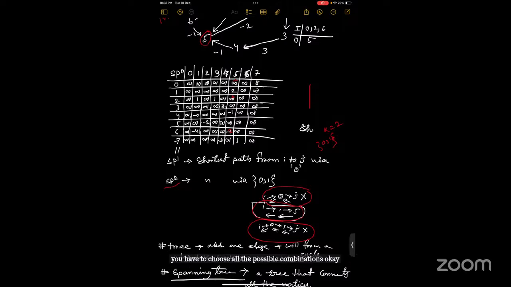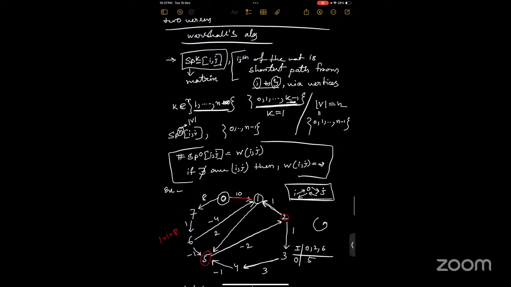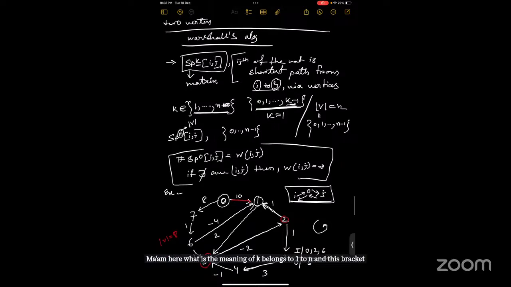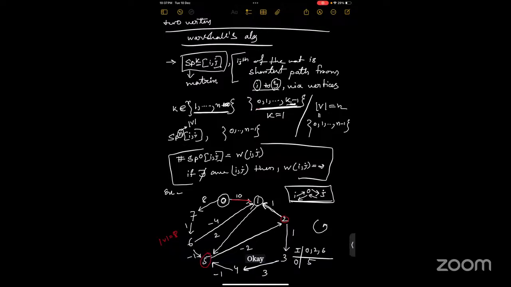Yes, ma'am. Ma'am, can you scroll up? Here, what is the meaning of k belongs to 1 to n and this bracket 0, 1 and k minus 1? That means whenever we calculate SPK, we will consider these vertices.